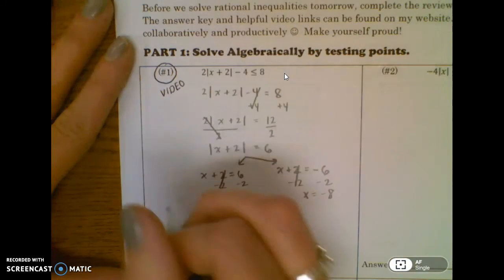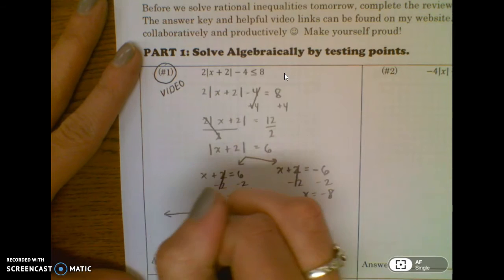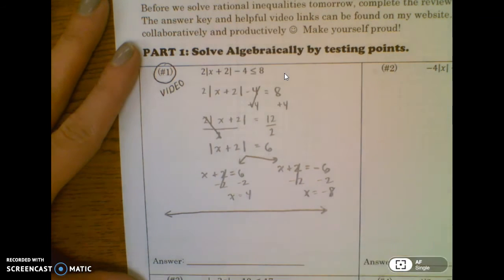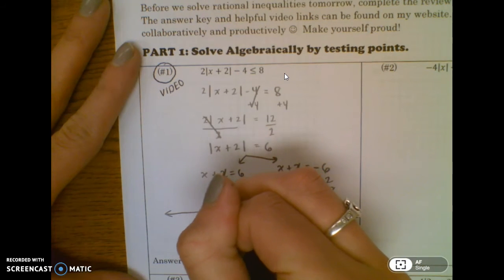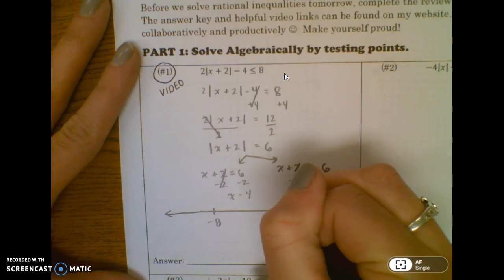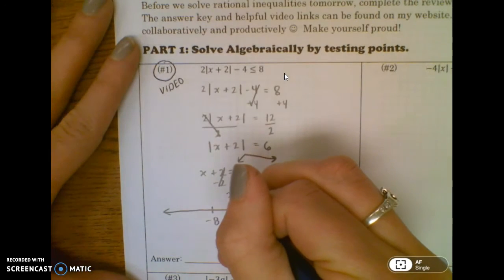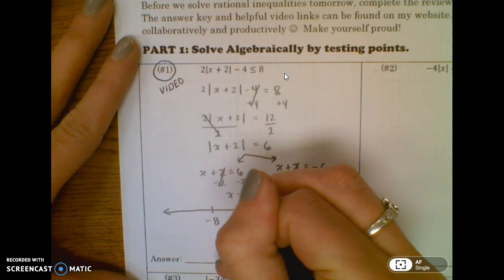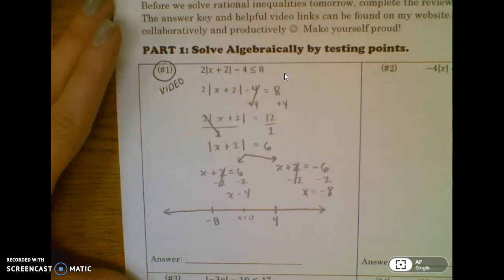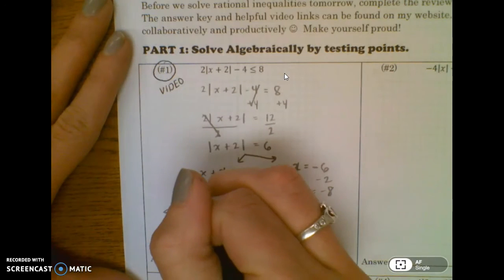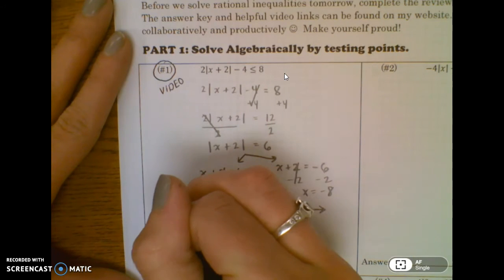Now step 2, I'm going to test points. So I'm going to put negative 8 and 4 on a number line. So 0 is in between negative 8 and 4. I can test 0 for this middle interval. A number less than negative 8, maybe negative 9.